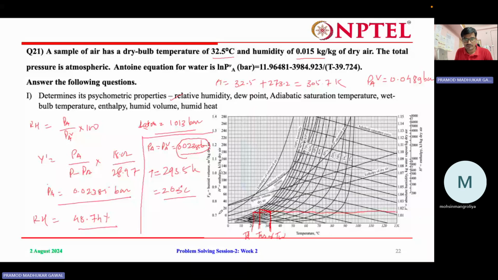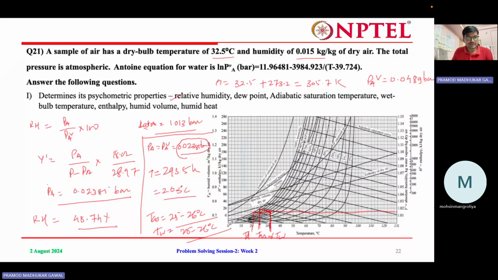So TAS is 25 to 26; I can write the range 25 to 26 degrees Celsius. So that is the adiabatic saturation temperature. Next is the wet-bulb temperature, and it is equal, so TW is the same, right?